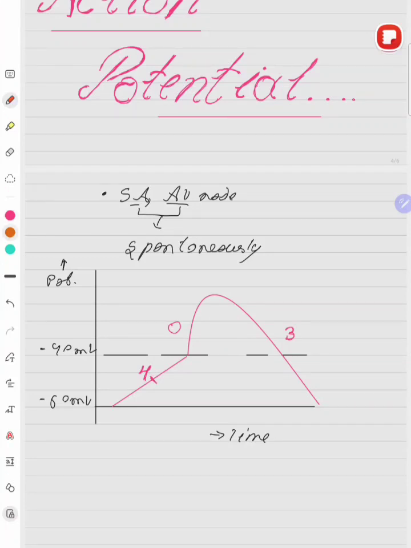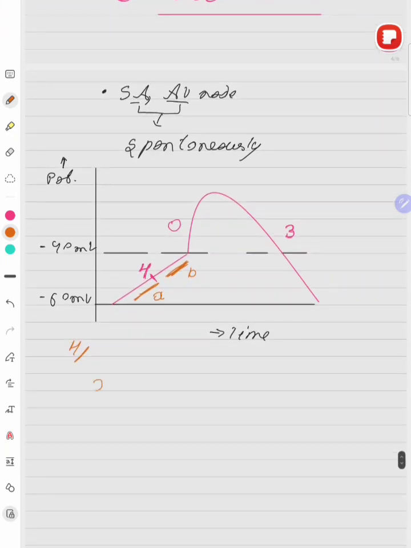4 is again subdivided into two parts. Let this be A and this be B. Talking about 4, A. In A, sodium channels open.